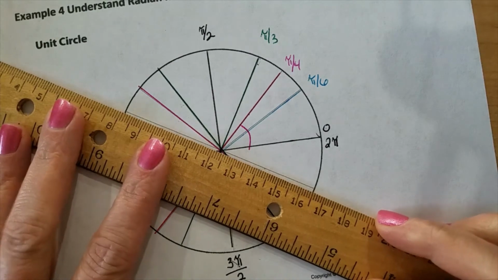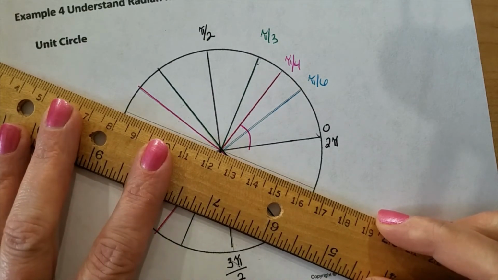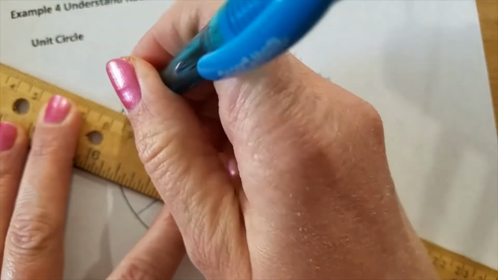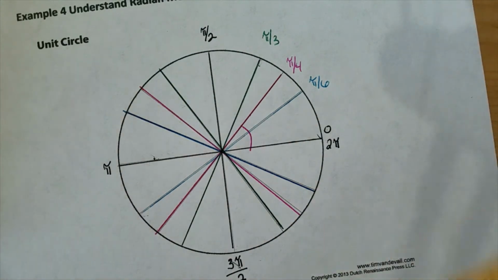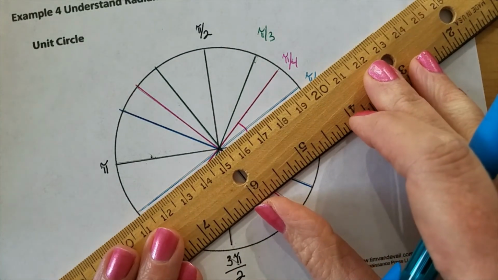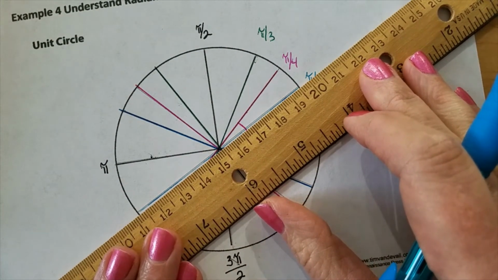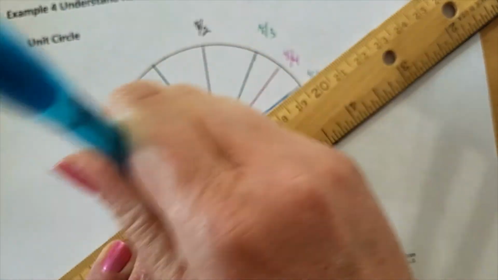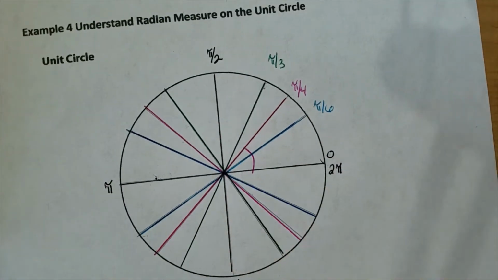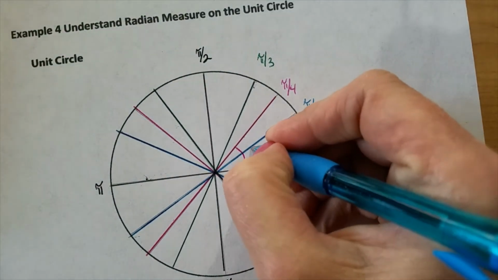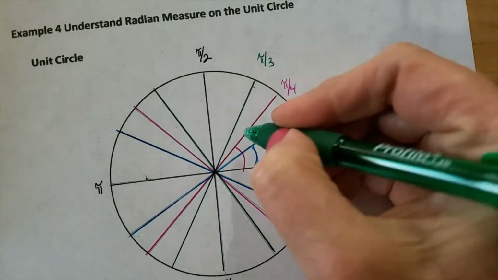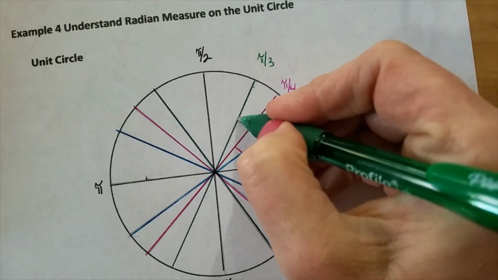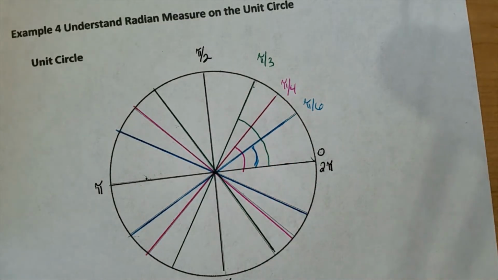That is not the angle measurement there. We're going to be talking about that again real soon. But I wanted to put these common angles in colors so we can easily see them and go back to them. Okay, so again, this is pi over 6. This angle measurement is pi over 3.